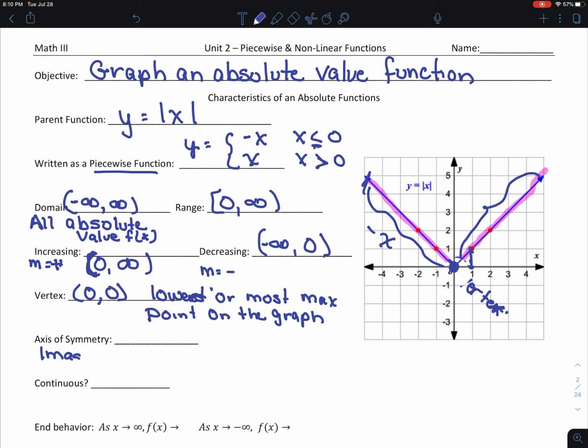The axis of symmetry is an imaginary line that divides the function symmetrically.